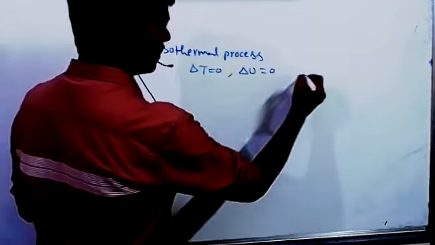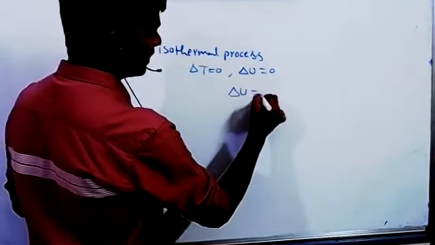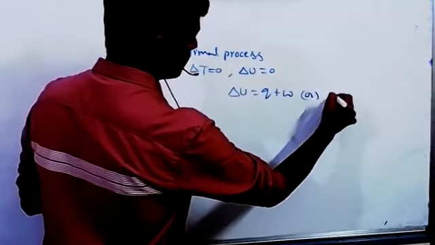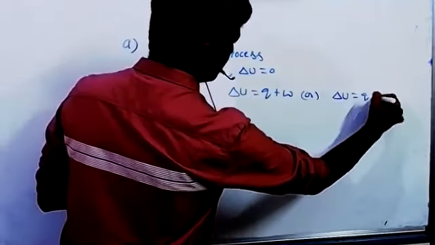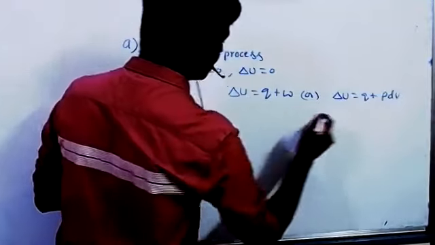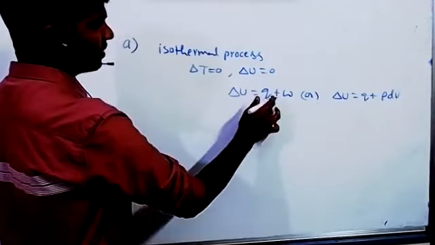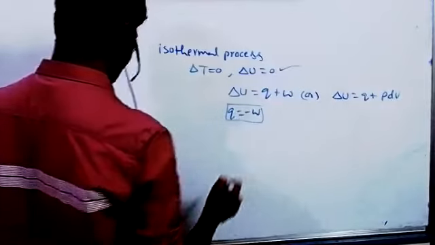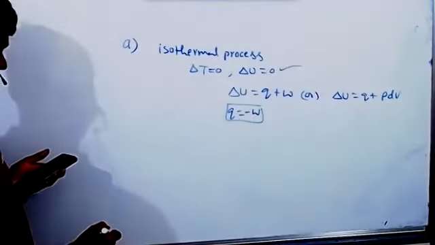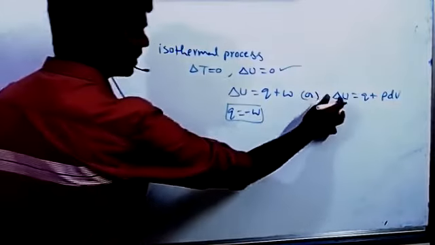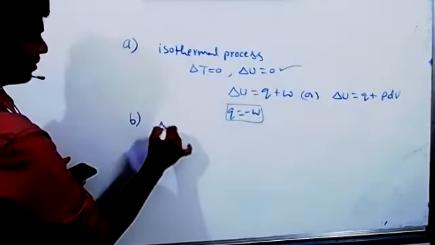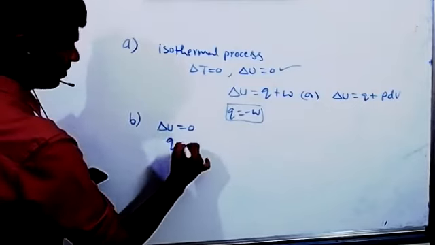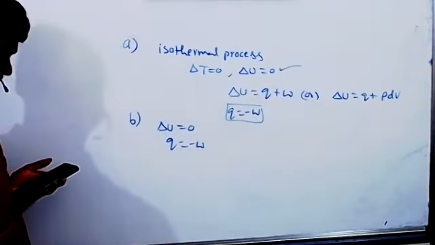According to the first law of thermodynamics, delta U is equal to Q plus W, or delta U is equal to Q plus P dV. Since delta U becomes 0, Q is equal to minus W. Okay, A is correct. B is a cyclic process. In a cyclic process, delta U becomes 0. So there also Q equals minus W, or W is equal to minus Q, fine.